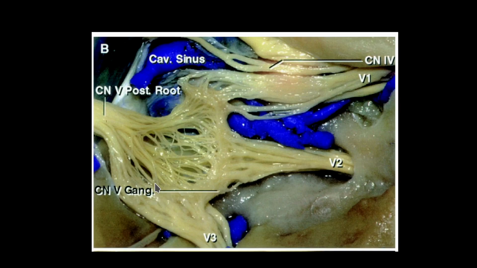Right, so this is a close-up dissection of the trigeminal ganglion. That's the cavernous sinus. This is the V1 exiting through there, whereas the V2 passes by the cavernous sinus but goes out through the foramen rotundum, whereas the V3 goes down here in its large oval exit.